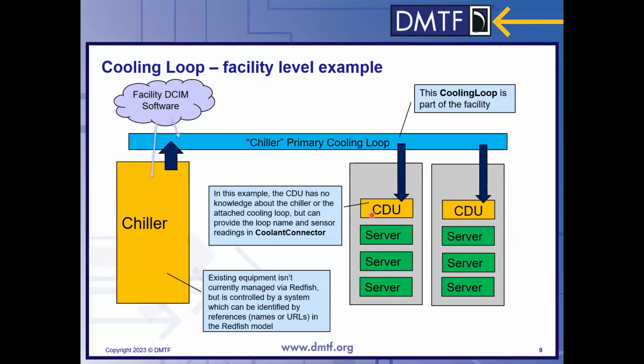So in this case I've zoomed out here, so here's that same kind of CDU picture of an individual rack. In this case there's two racks here that are both connected to this primary cooling loop at the chiller level of the data center. So in this case, this CDU doesn't really have any direct information or knowledge about where it's coming from.